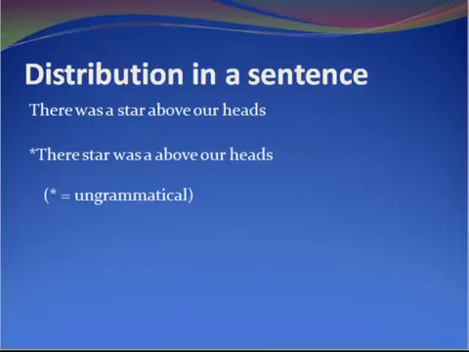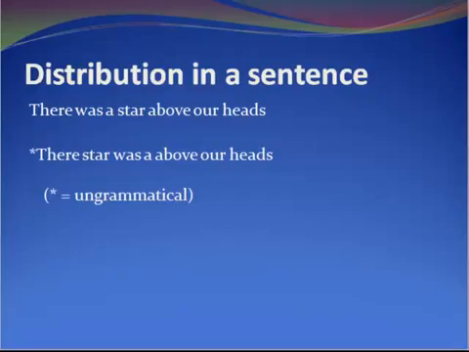The other kind of evidence we'll use is distribution in a sentence. So if you take something like "there was a star above our heads," that's perfectly fine, but "their star was above our heads" is not fine. And that little star here indicates that the sentence is in fact ungrammatical. Now, why is this sentence ungrammatical?